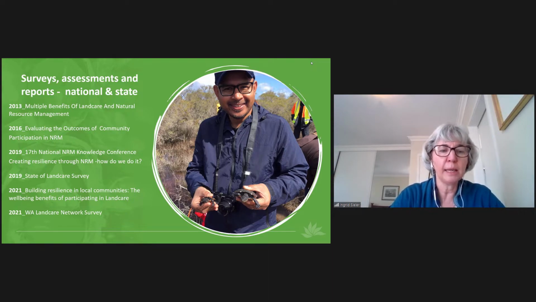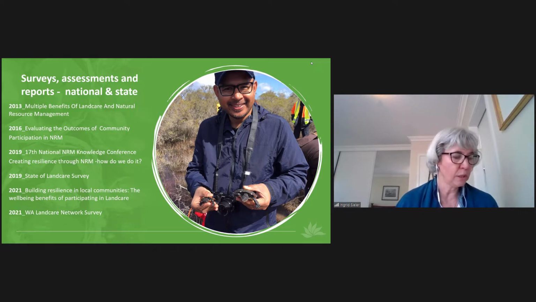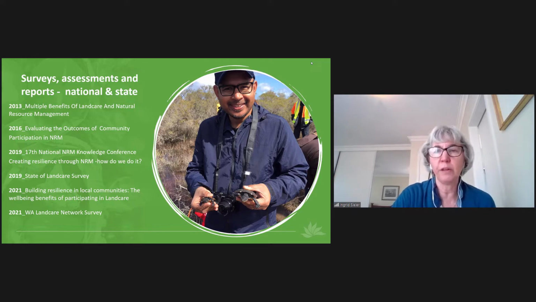And the WA Landcare Network is also undertaking a survey at the moment. And we're hoping or aiming to use these reports and their results to inform the work that we do in our community capacity assessment of the environmental groups in the Perth region, and also use it to help formulate the way we present the results, because what we're really trying to do is more effectively advocate for environmental volunteers.